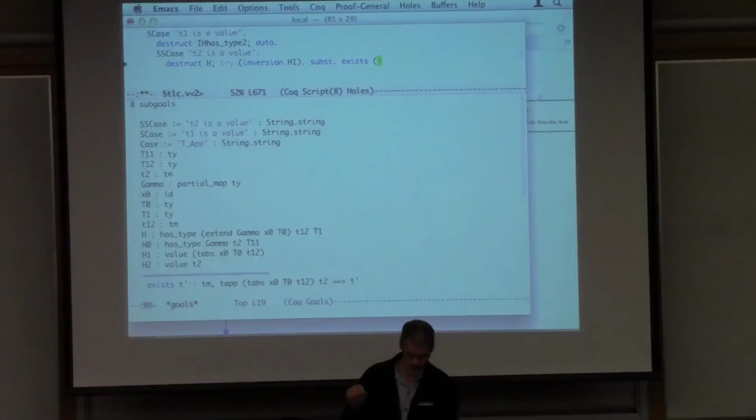So it's the body of the lambda, which is little t1, 2, I think. T0 is the type. So it's t1, 2, and then we substitute, and that was the notation we made up for substitution. It was x0 colon equals, and then what gets substituted in? T2.